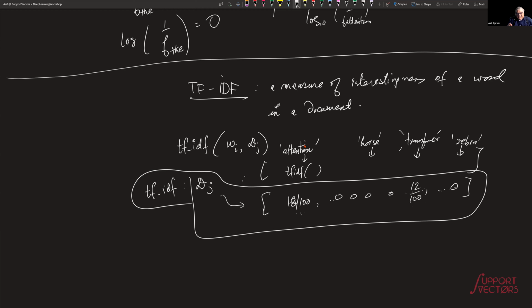And this representation is called a TF-IDF vector, of a document J. So far, are we together?